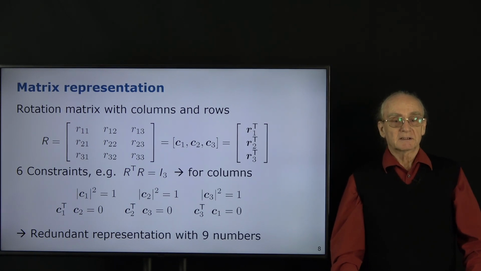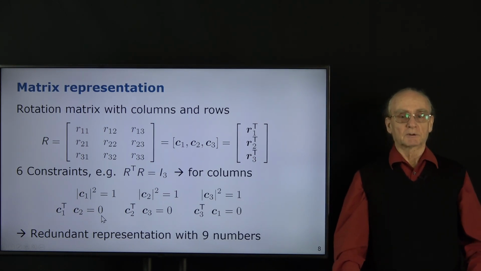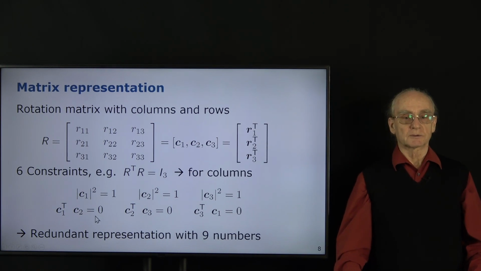And the second is, these unit vectors are orthogonal with respect to each other. That means because we have the off-diagonal terms of the unit matrix being 0, the dot product between Ci and Cj is 0. So these are 6 constraints. Because of symmetry reasons, of course, we also have C2 multiplied with C1 is 0, so we actually only have 6 constraints.